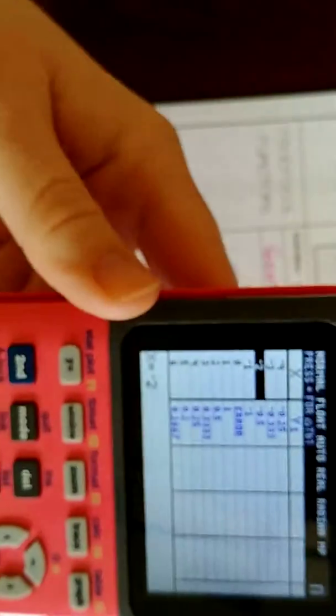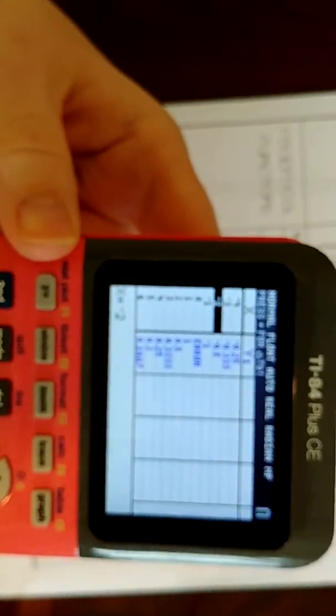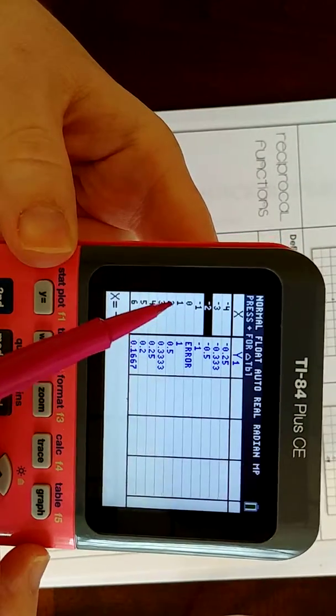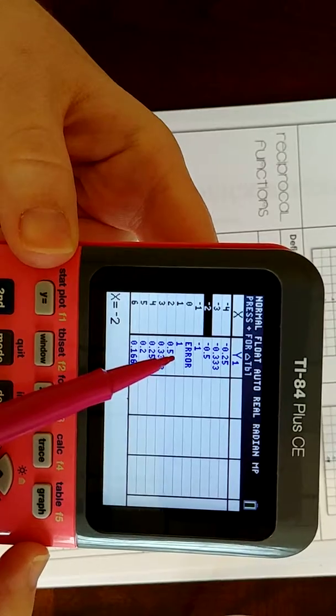Okay, so this graph gets as close as possible to the x and y axis without even touching it. In fact, we see here on the table that at x is equal to 0, we get an error.